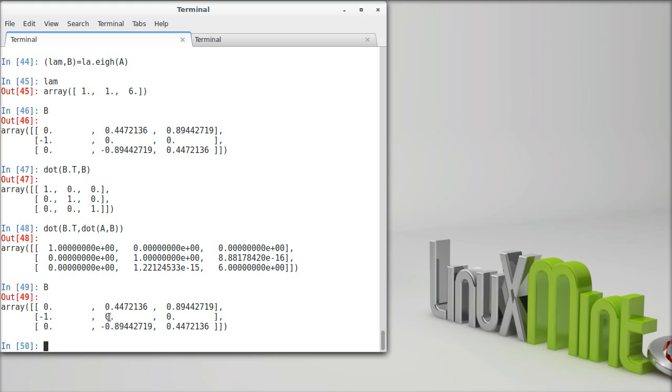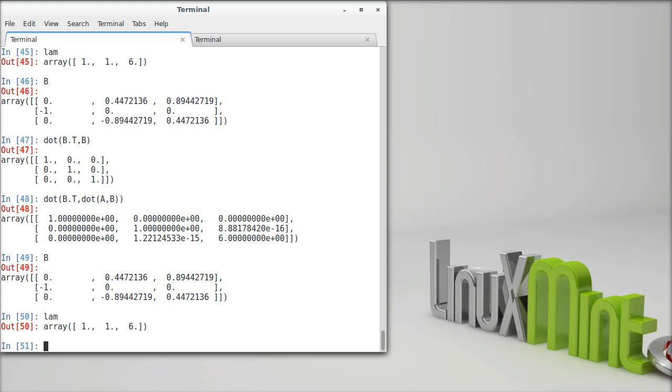For degenerate eigenvalues, these two vectors are not unique. To say this a bit more formally, for those of you who have seen this before, what this means is that the subspace spanned by these vectors is only defined up to a rotation. So I can rotate the vectors in this subspace and they will still be eigenvectors.